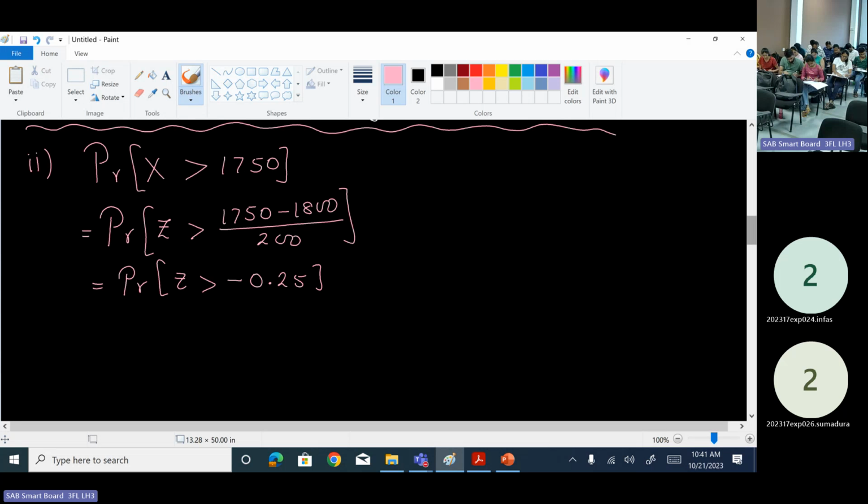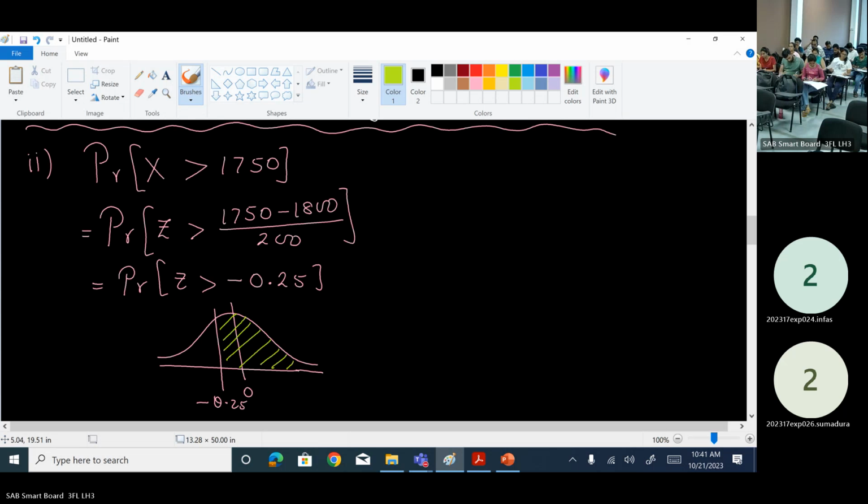Now we are in the Z scale, so we can draw the Z scale sketch. 0 comes in the middle, -0.25 we have to mark, maybe somewhere there. We want about this region. So for 0.25 area, you can refer to the table: 0.0987.